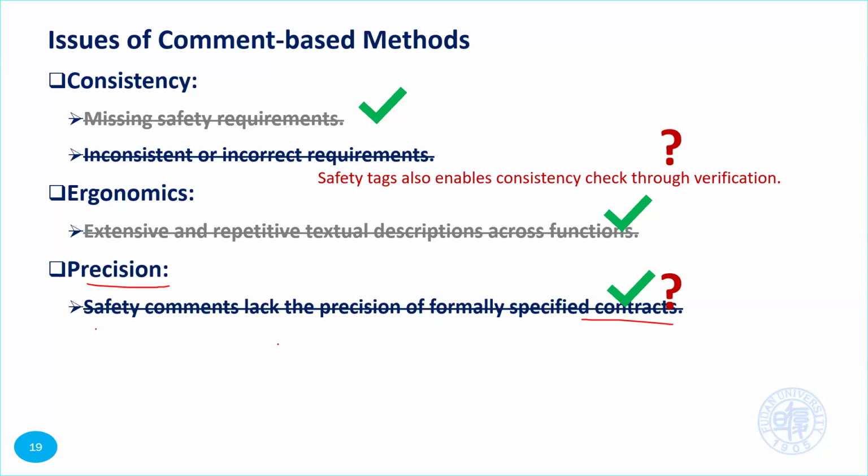Also, if the safety tag can formally represent the safety constraint, we can verify. We can also verify the consistency of the safety tags, because the verification can also be used to check the consistency of safety tags. It's the same thing.